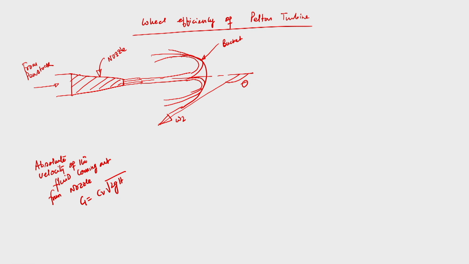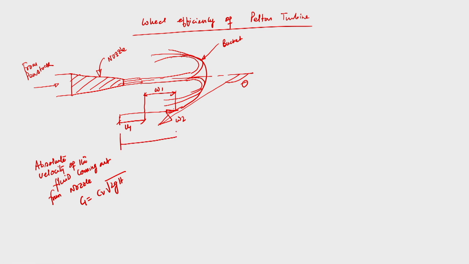Now the inlet velocity triangle is very important, and we need to know it. The inlet velocity triangle is like this. This will be W1, and this is U1, and this is W1 and C1 is total.